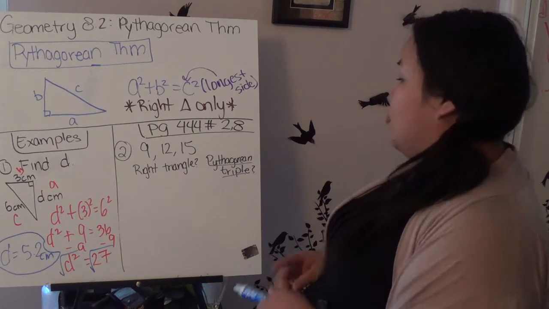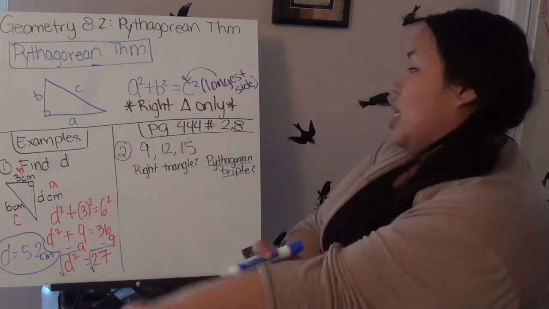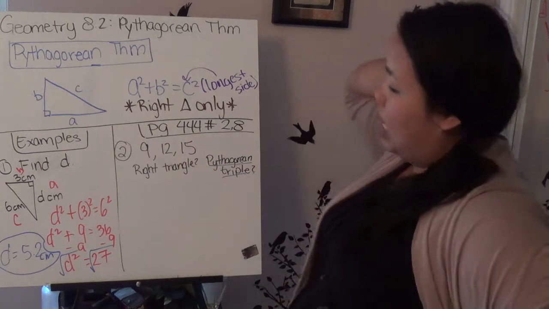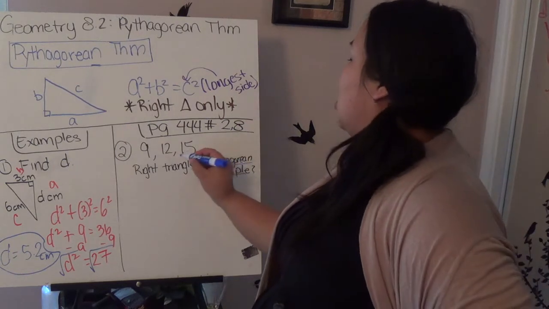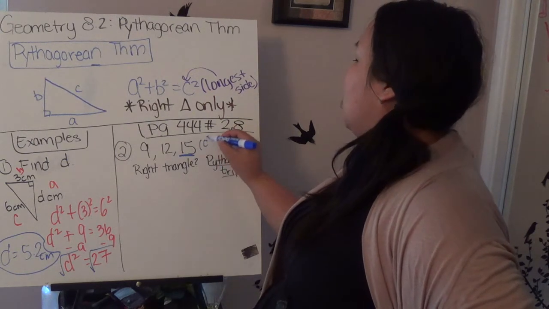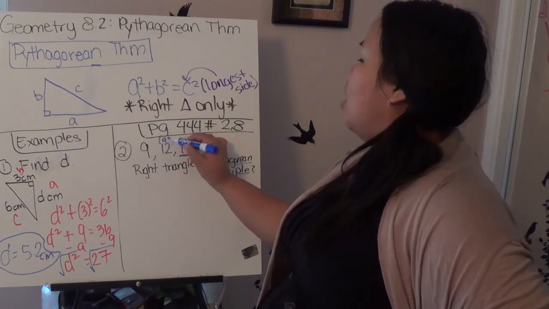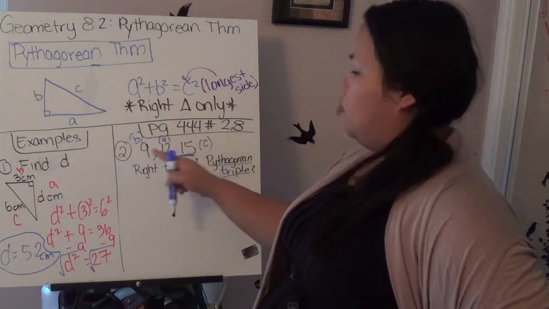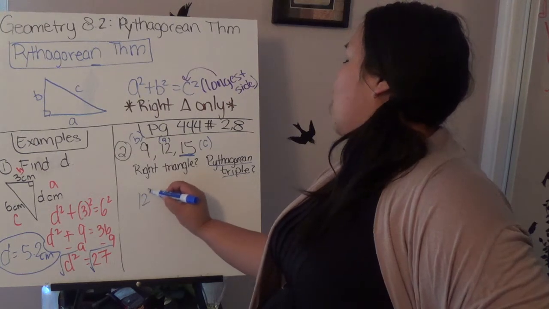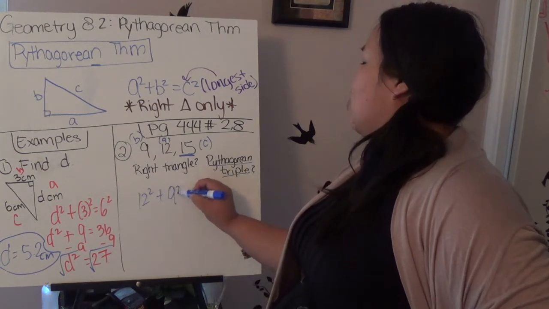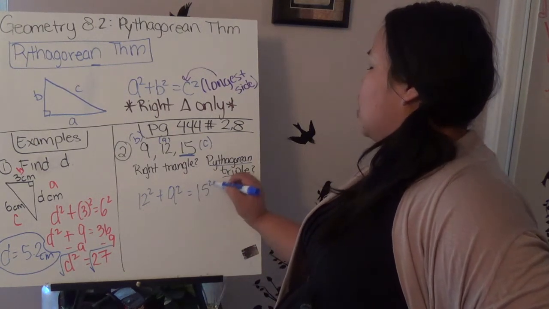Let's see if it's a right triangle. We don't know which one's the hypotenuse, so how do I know what's c? No matter what, c is the longest side. So this has to be c, which means this can be a and this can be b, or the other way around, it doesn't matter. Now we have 12 squared plus 9 squared equals 15 squared.